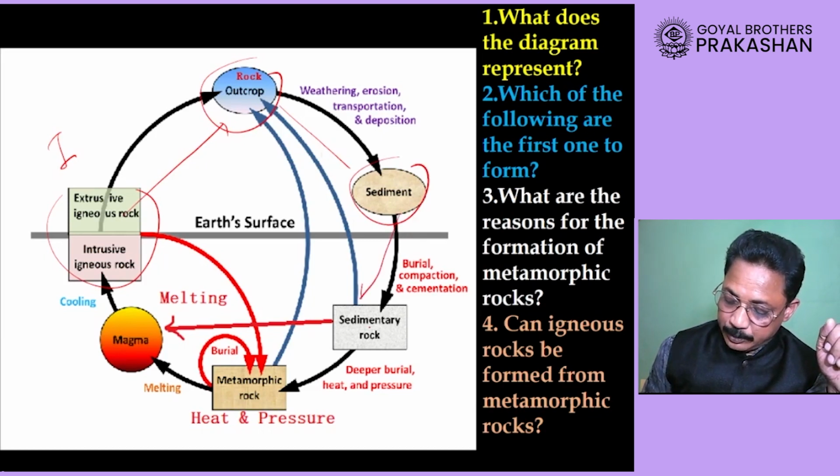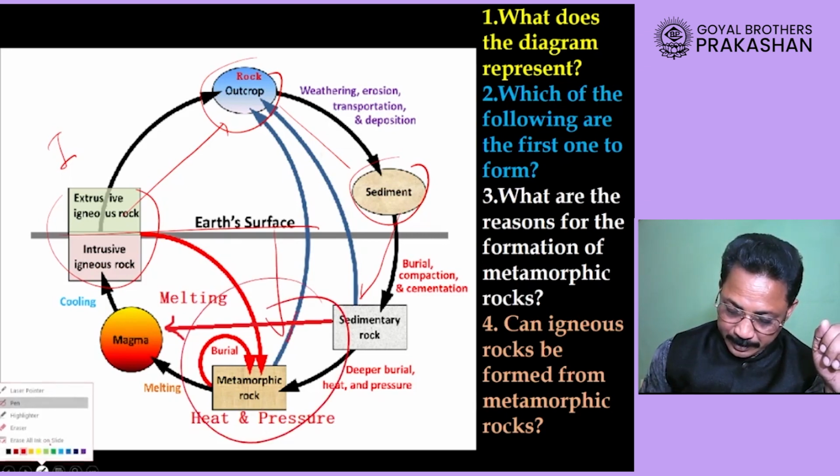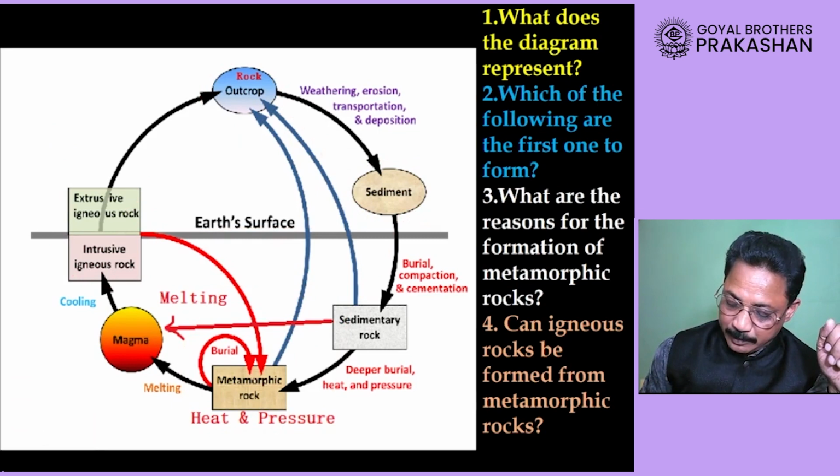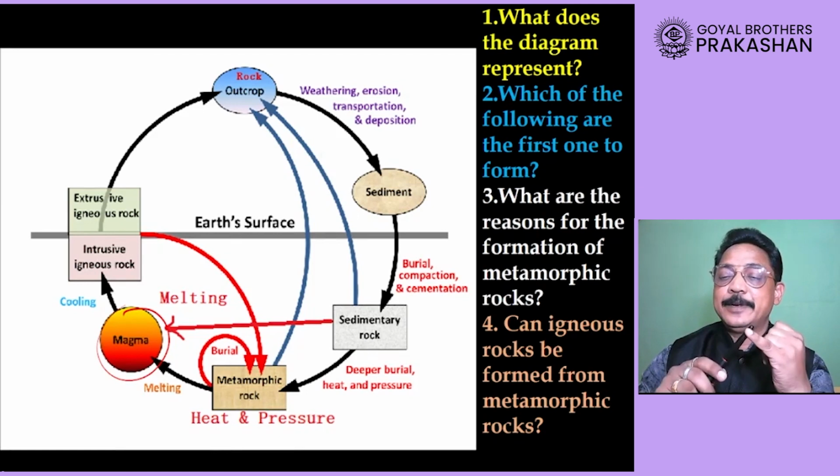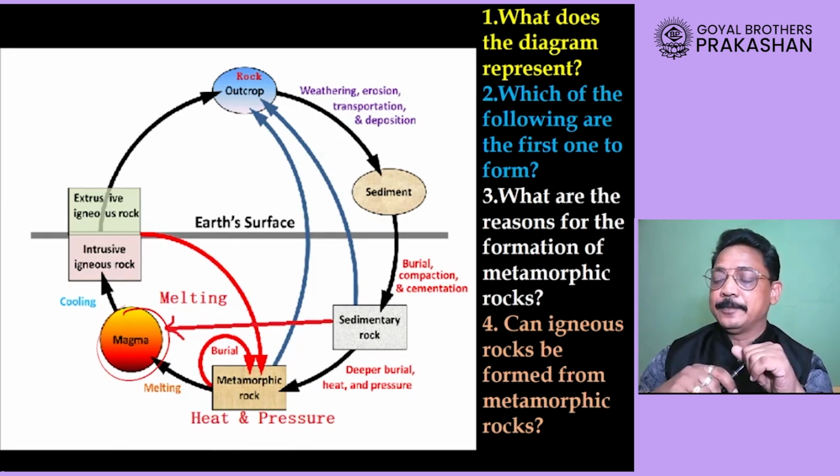Sediment is turning into sedimentary rock. Everything is getting buried under the earth, and in this way forming metamorphic rock. And this metamorphic rock again turning into magma. So that means this is indicating rock cycle. Okay. So what does the diagram represent? So it represents rock cycle.